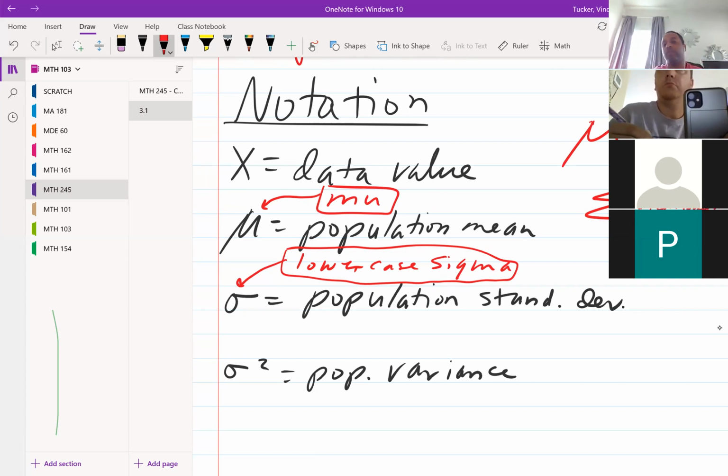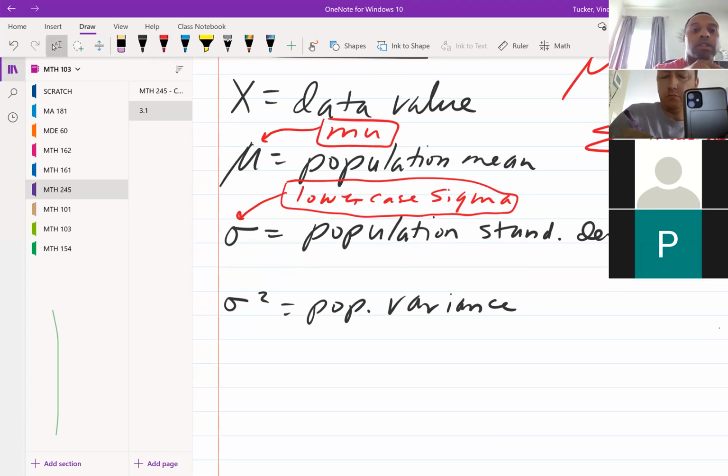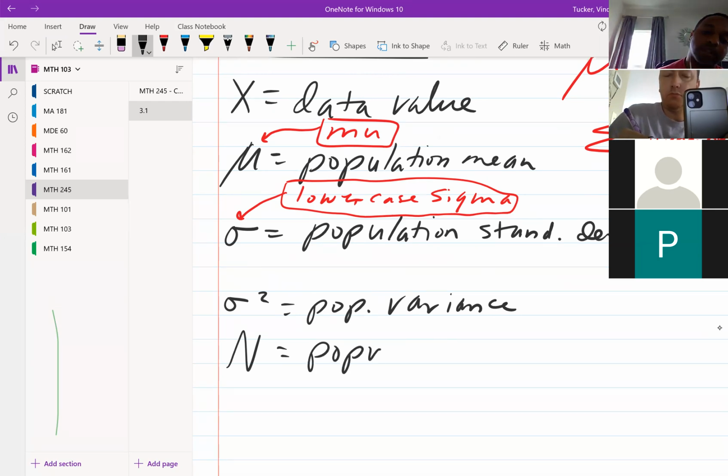That means you're going to add up all your data values. But here we have lowercase sigma, which represents the population standard deviation. And then sigma squared is the population variance. Also, this regular capital N is the population size.